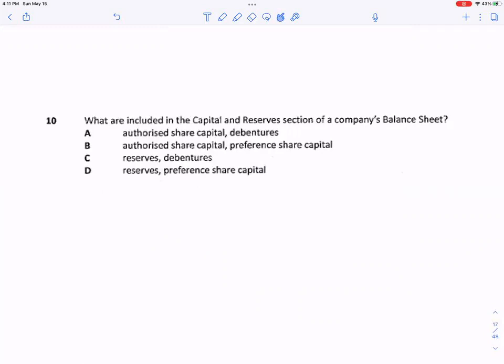What is included in the capital and reserve section of a company's balance sheet? Capital and reserve section means the shareholders' funds.